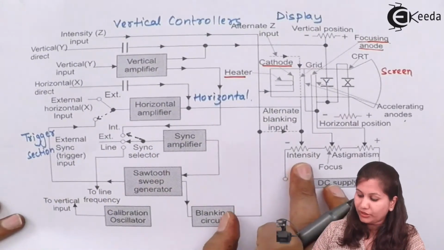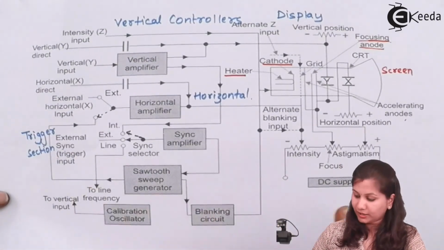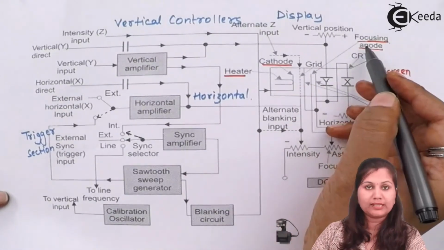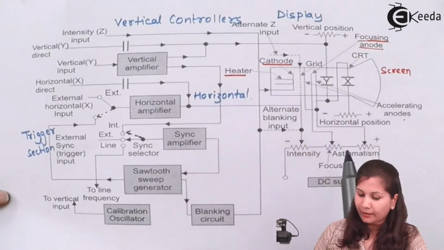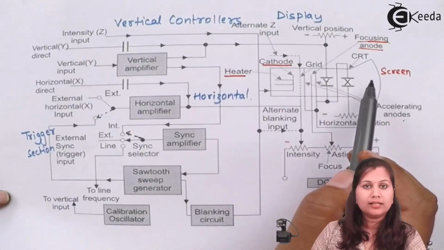Apart from this, we also have an astigmatism control. By adjusting the focus of this focusing anode, we can avoid the problem of astigmatism in the CRO.